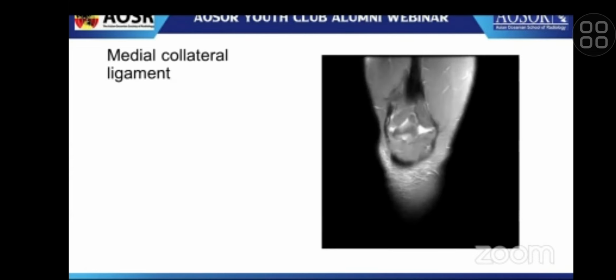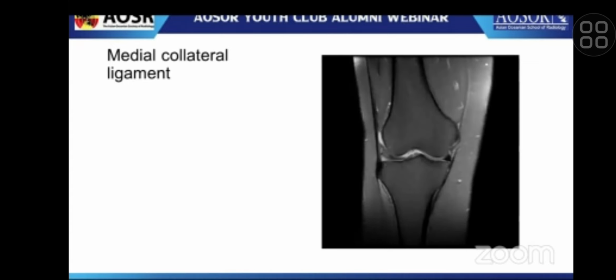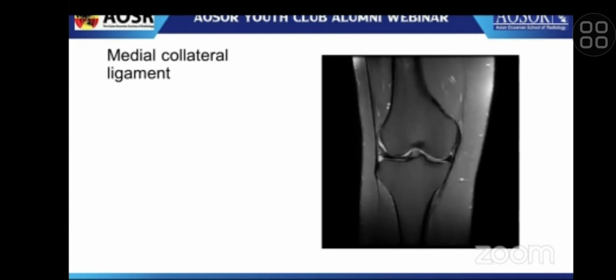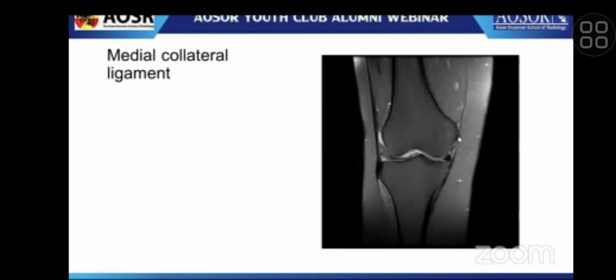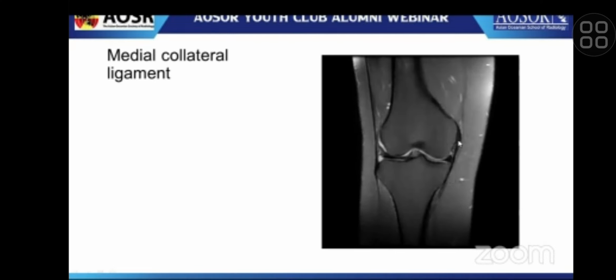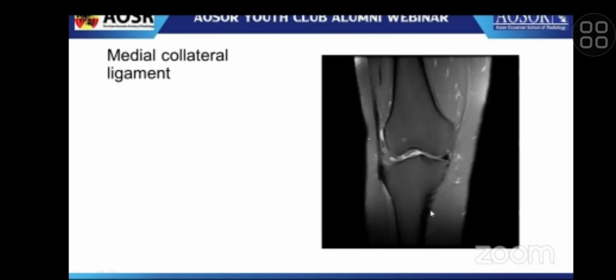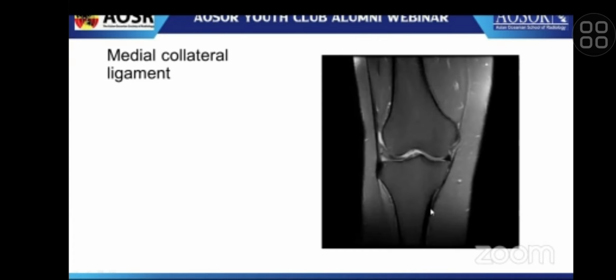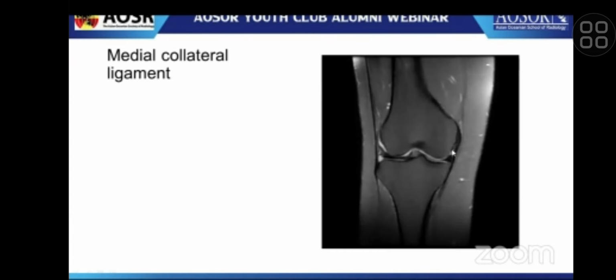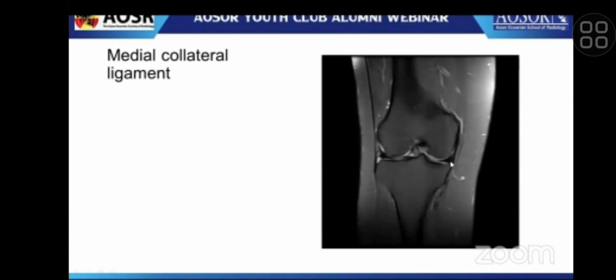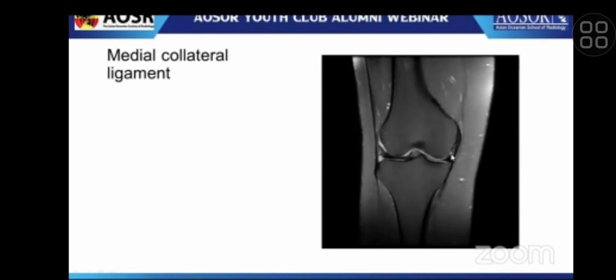The next ligament is the medial collateral ligament. It also has two layers. The superficial layer attaches to the posterior part of the femoral epicondyle and the proximal medial aspect of the proximal tibia. And we have two deep portions.